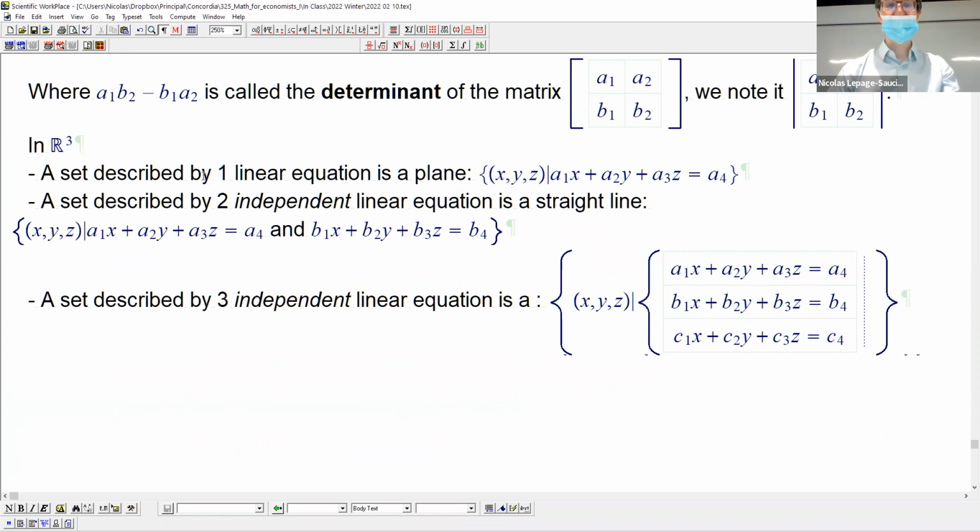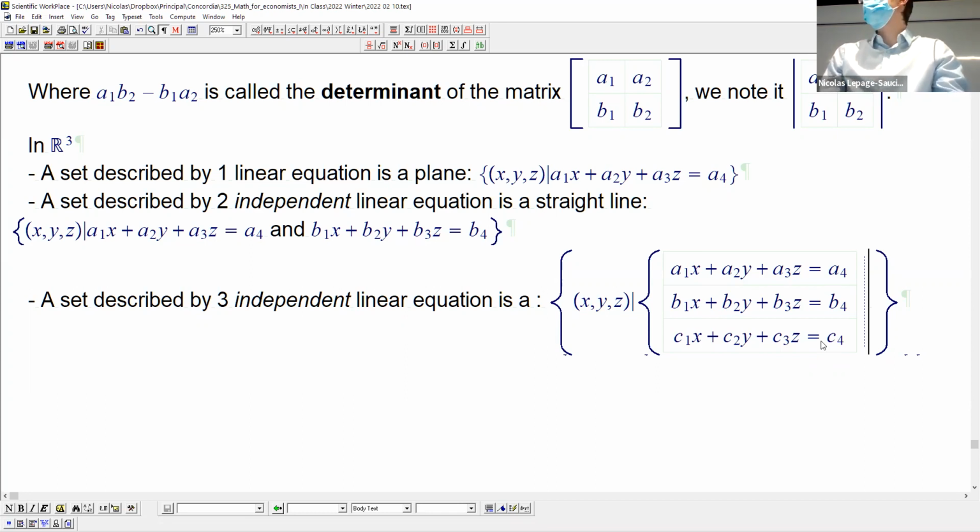So here it's again a set of three independent linear equations. So I want this to be true, this to be true, and this to be true. If they are all independent, what do you think I should get? I'm adding even more restrictions.